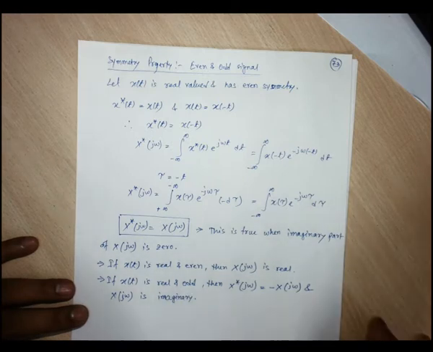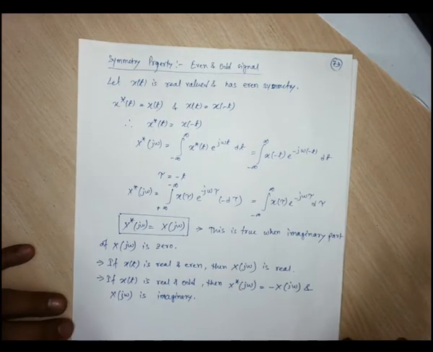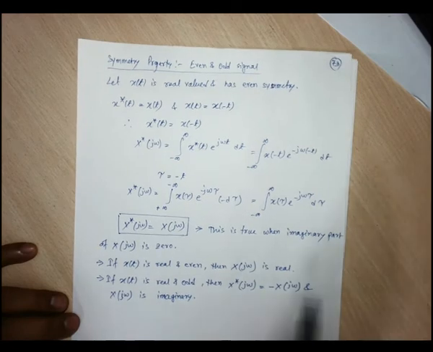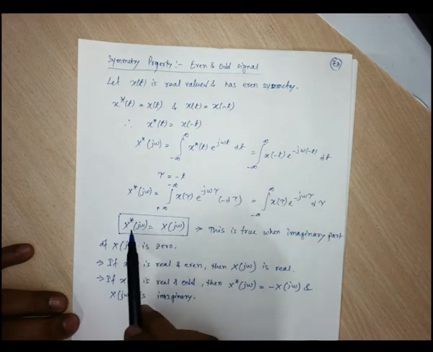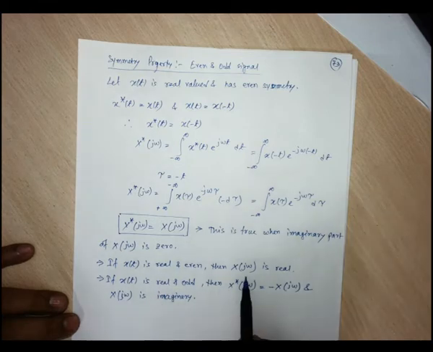Okay, so first, x(t) is real and even, then it is possible when this holds and it results in x of j omega being a real value, because real and even means this conjugate is the same as x of j omega, right? So it is only possible when x of j omega is real.